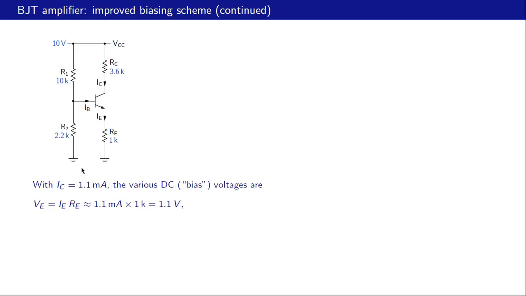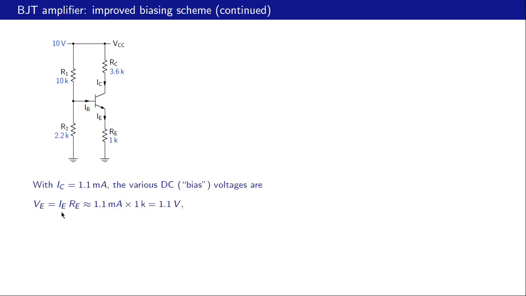What about VE? VE is IE times RE, and IE is nearly equal to IC because our beta is large enough, about 100. If beta is 100, then alpha is beta divided by beta plus 1, or 100 divided by 101. That's very close to 1, and therefore we can say that IC and IE are nearly the same.